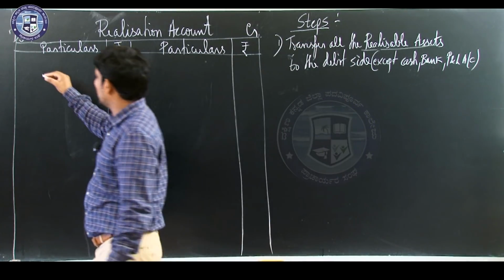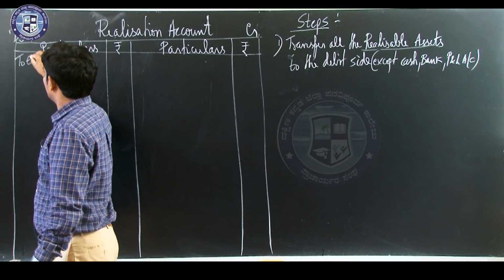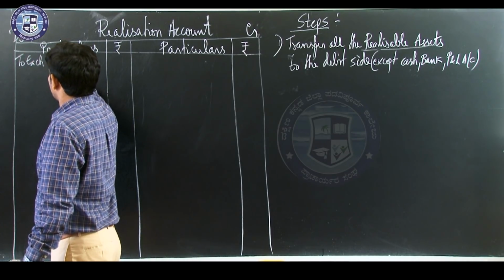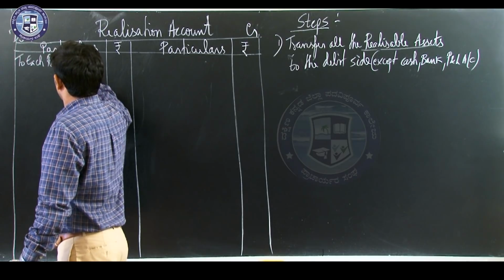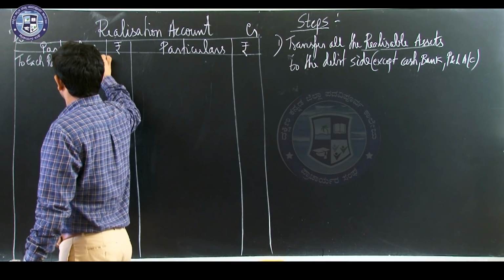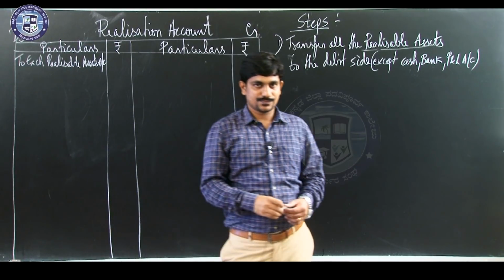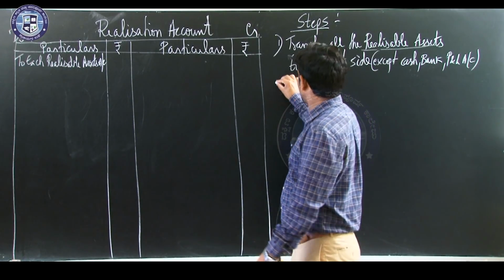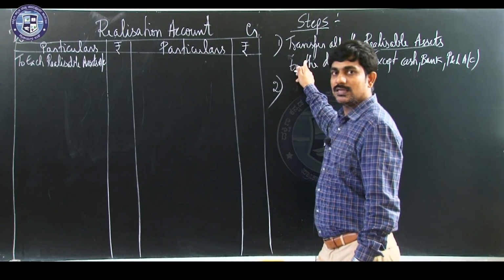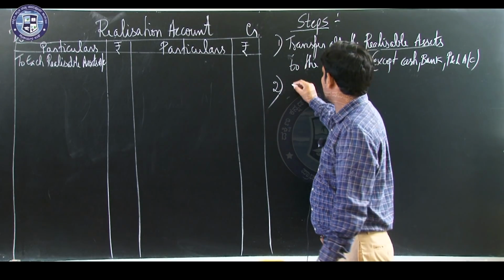You need to transfer all the realizable assets to the realization account. That is the first step. Second step, balance sheet consists of what? Assets as well as liabilities.